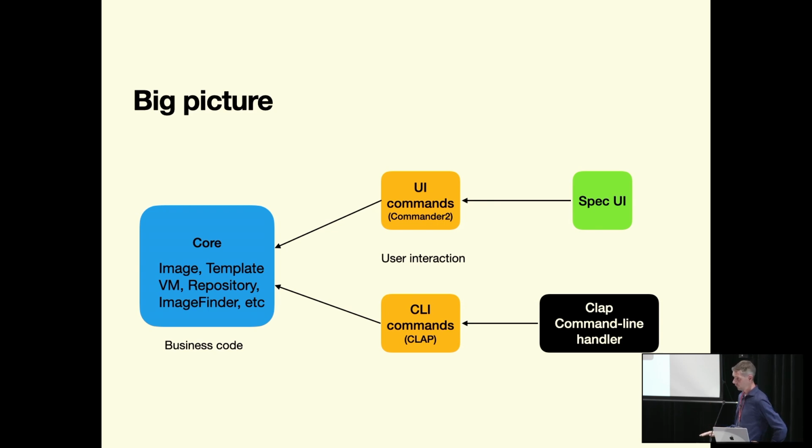And for the command line, we use clap for that. So we have command line commands. Both are really tiny, and they use the same business code. On top of these commands, we have a spec for the graphical part, and we have the clap command line handler for clap commands. So it's really easy.